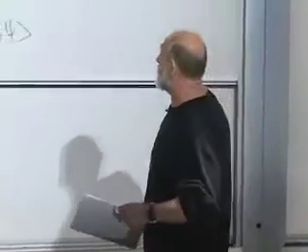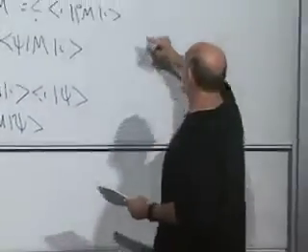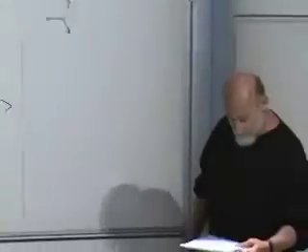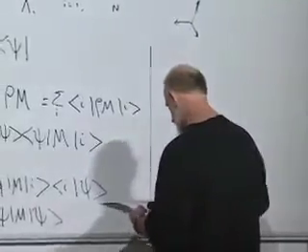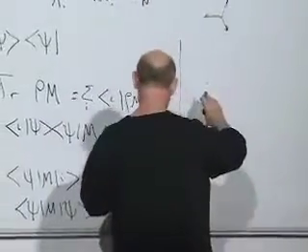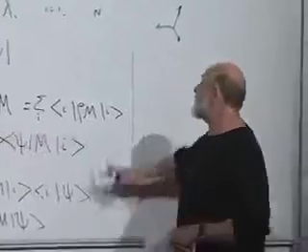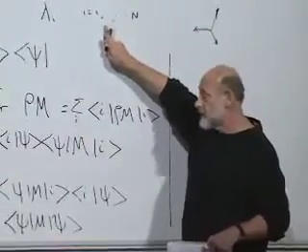Okay, let's take the more general case when we don't have a pure state, and see what we get. Again, we have to take the trace of rho M. But let's do the calculation in the basis in which rho is diagonal.